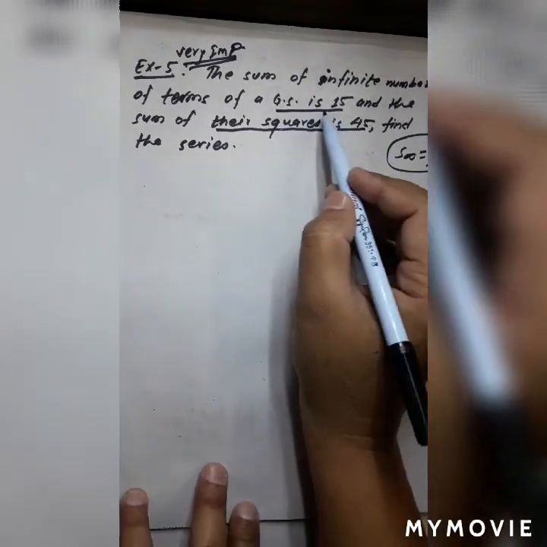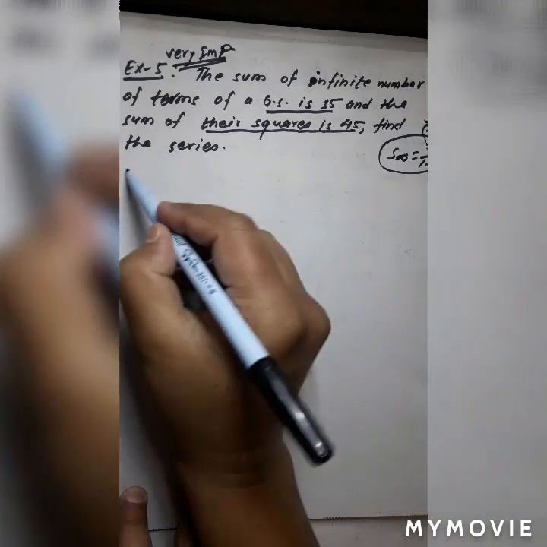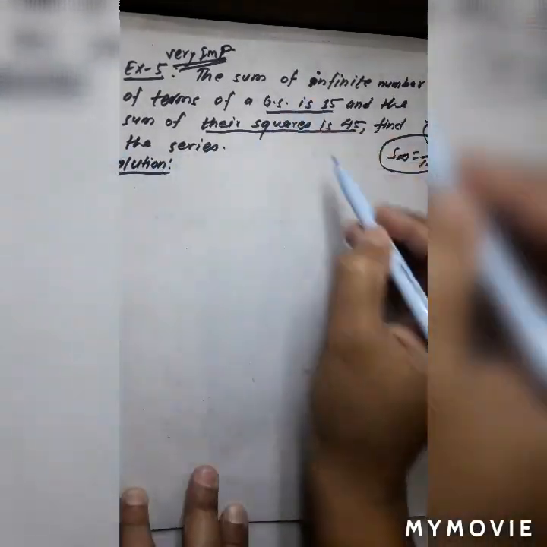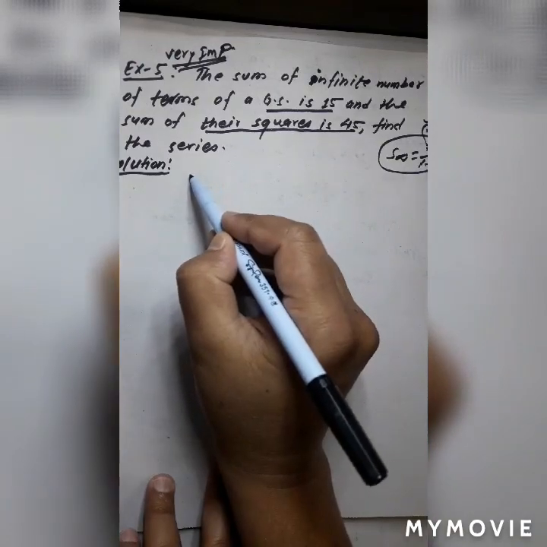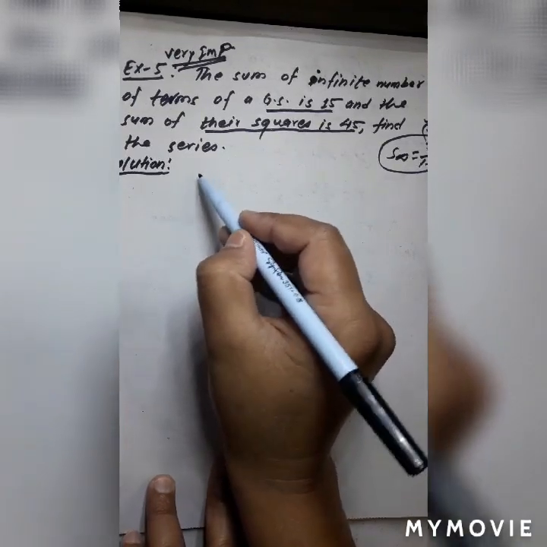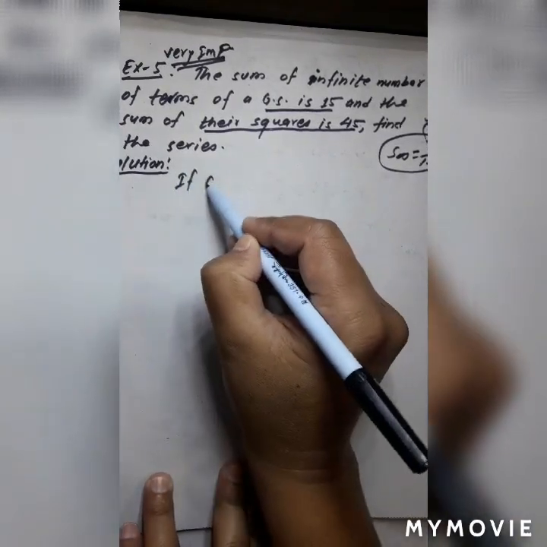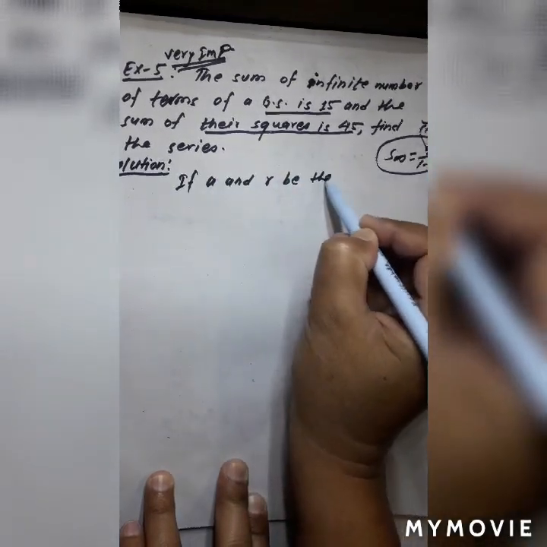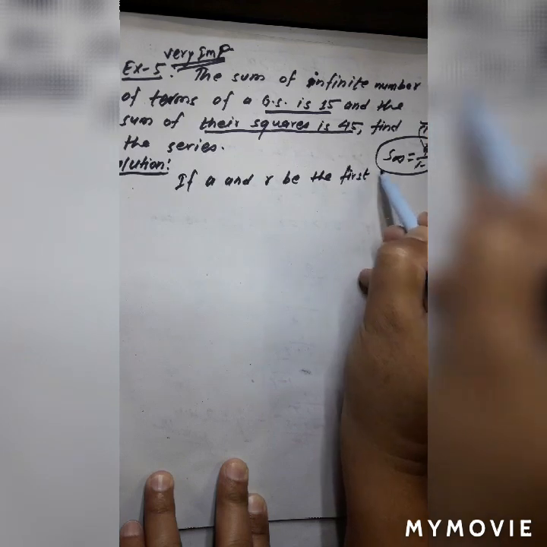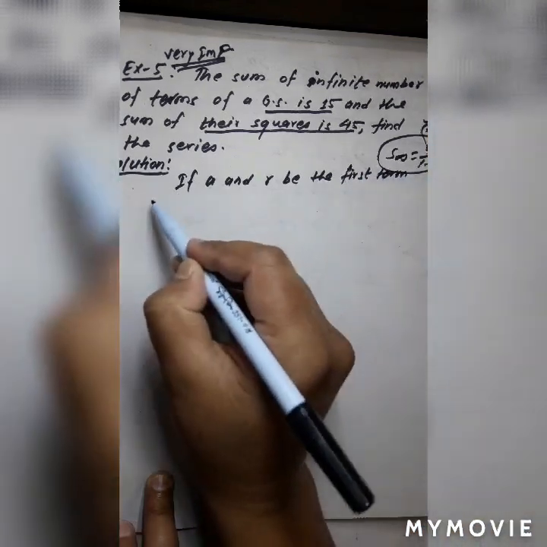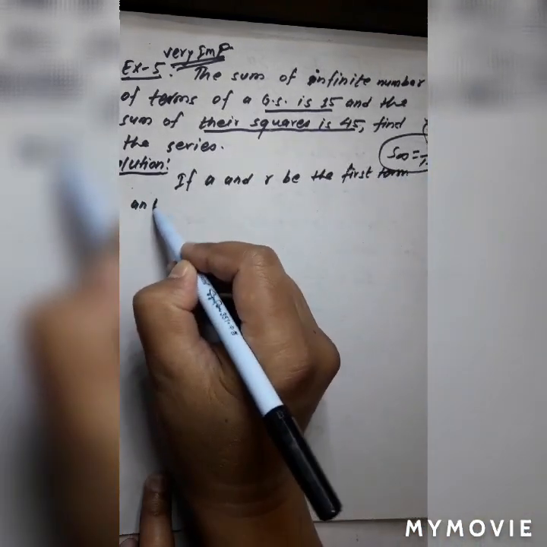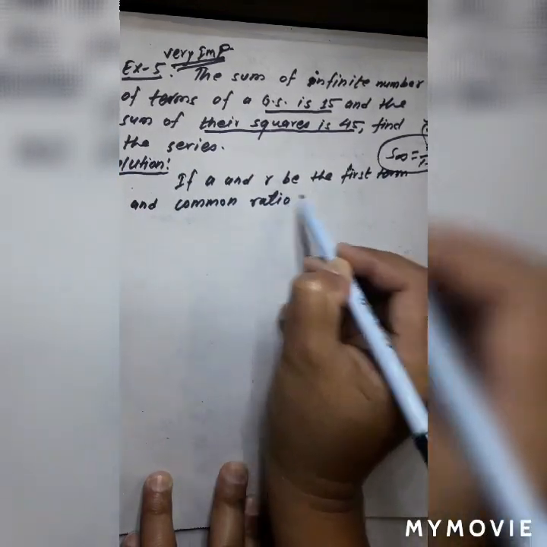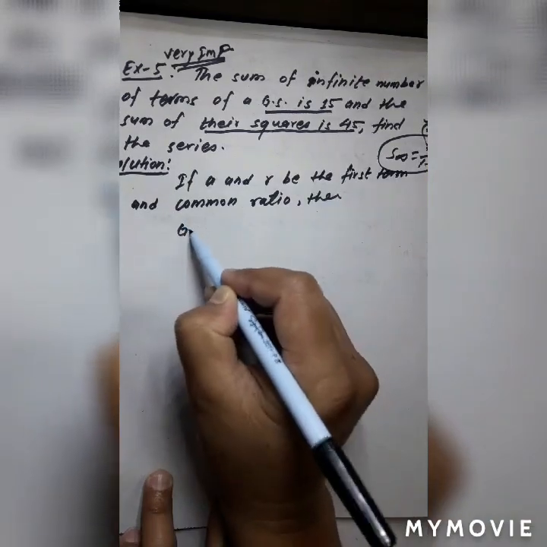We have just the sum. That's why we need to suppose in the solution. We need to suppose a geometric sequence or geometric series, and let a and r be the first term and common ratio. Then what is the geometric series?